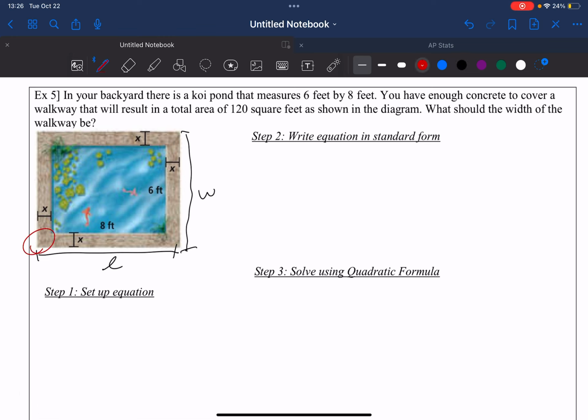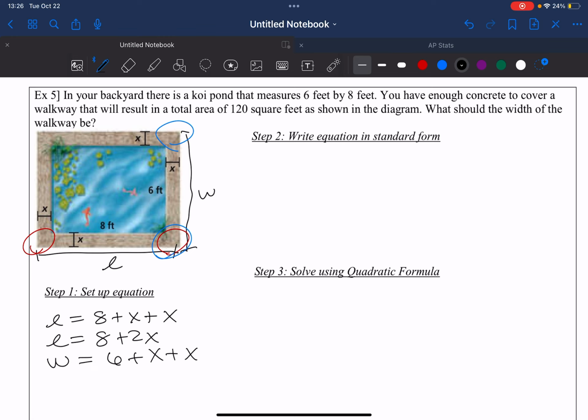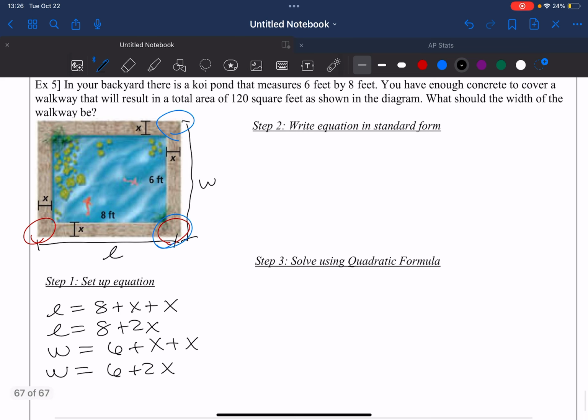And then on both sides, there is an additional x that shows the width of the sidewalk on either side. So that means we have our length equal to 8 plus 2x, and our width is equal to 6 plus 2x.